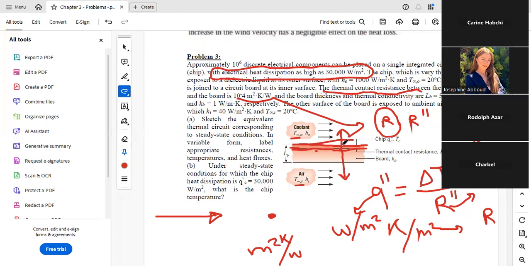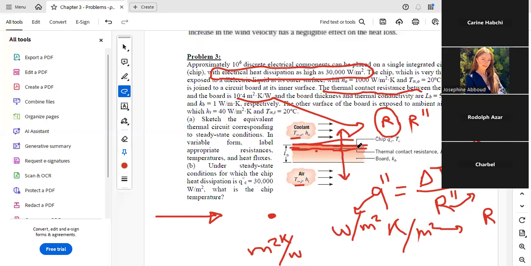So since the chip is very thin, okay, we can consider that this heat generation is at a point, okay? So we can consider that we have just a temperature Tc, okay? And this is why they didn't give us any thickness.